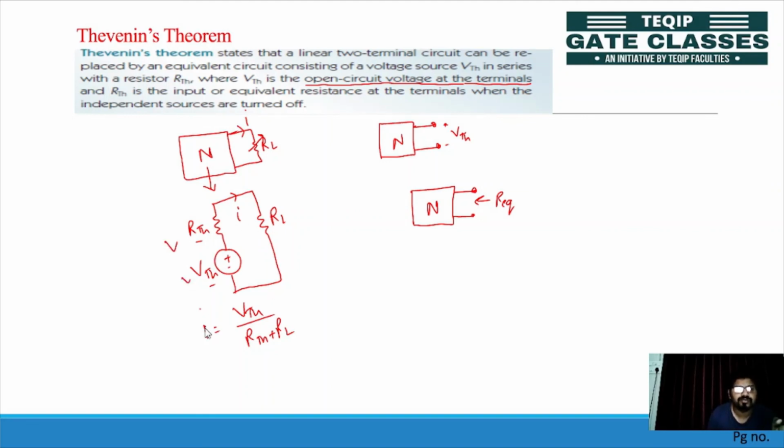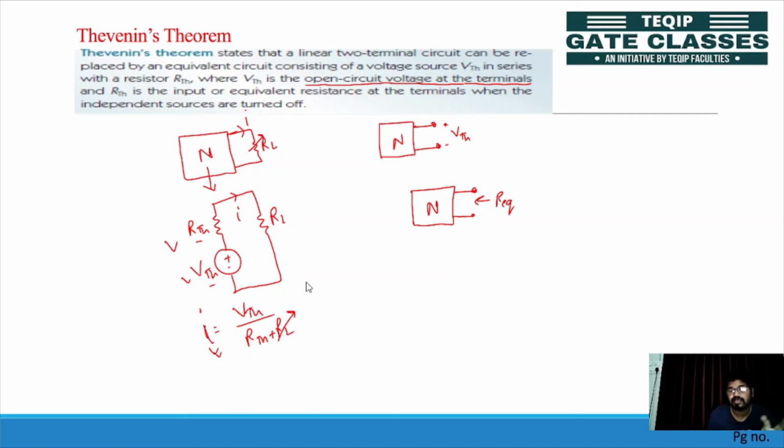Then to find the current in a variable load, you just change the value of this load. You don't have to solve the circuit again and again. Just put the changing load here and you will get your current. So this is the main application here.